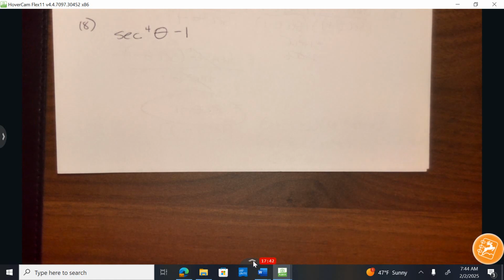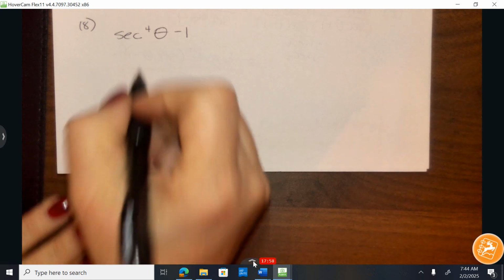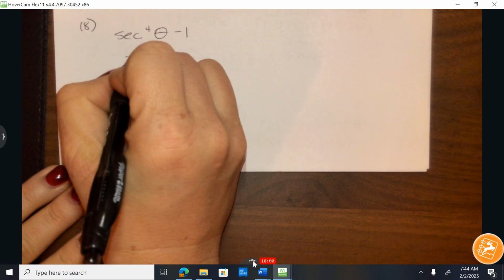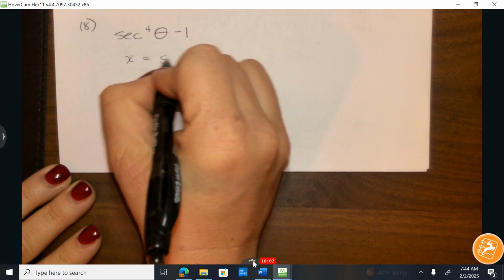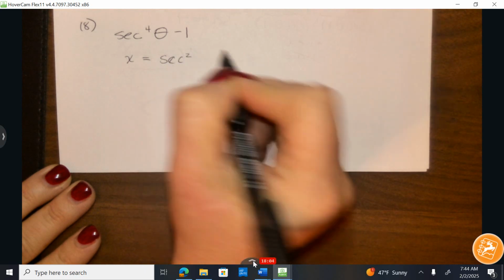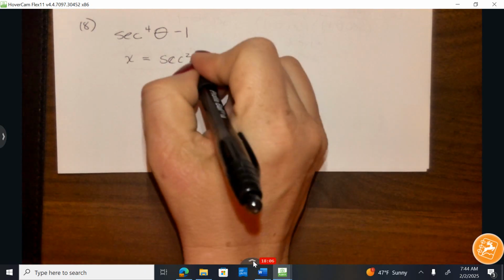Let's take a look at example number 8. In example number 8, I'm going to go ahead, like I did for example number 6 and example number 7, and it's called U substitution. I really should be using a U right now, but using another variable will work. So I'm going to say that x is equal to the secant squared theta.